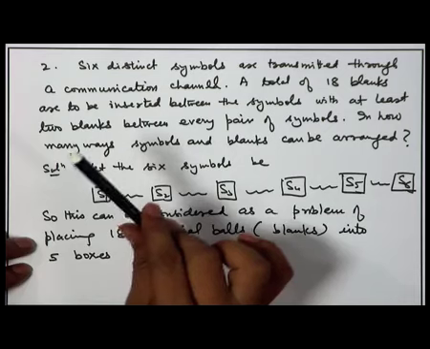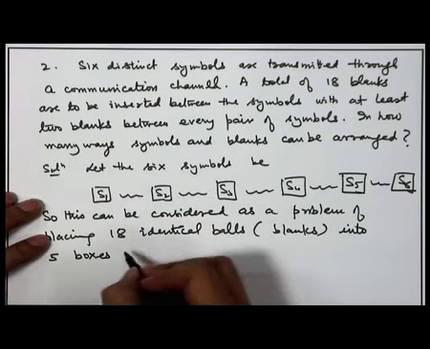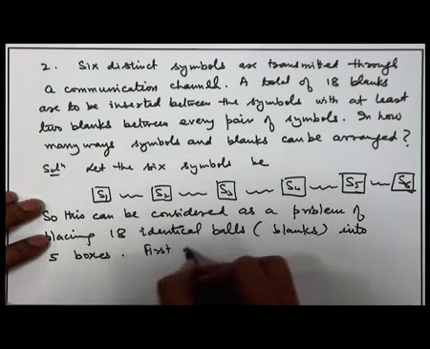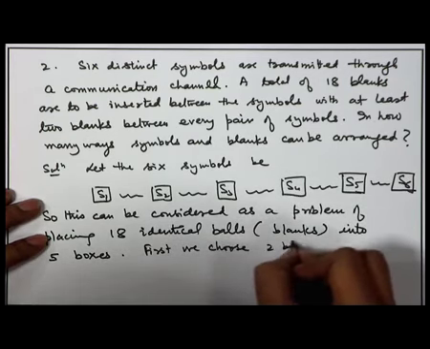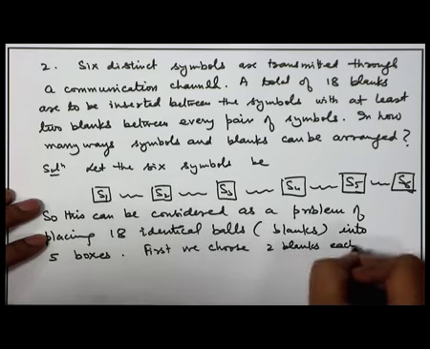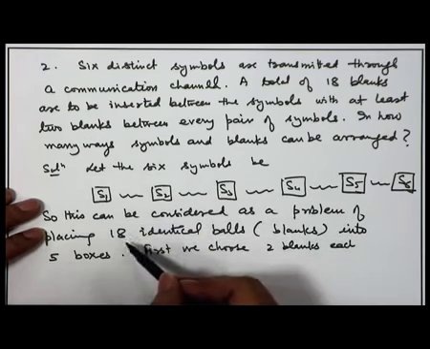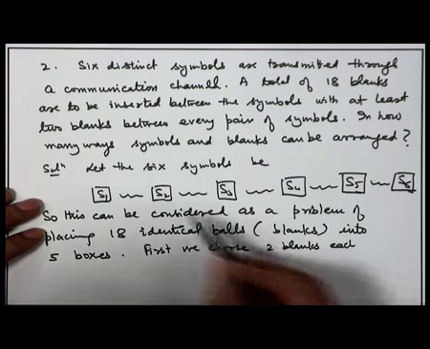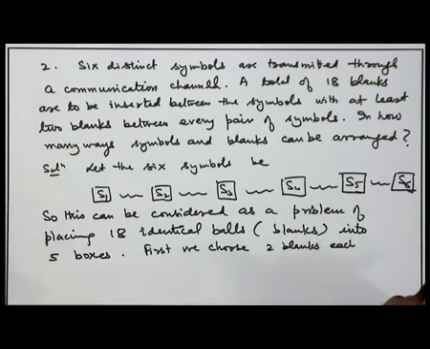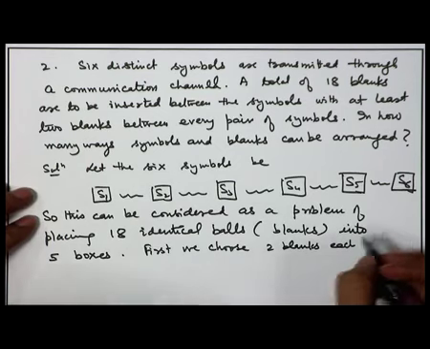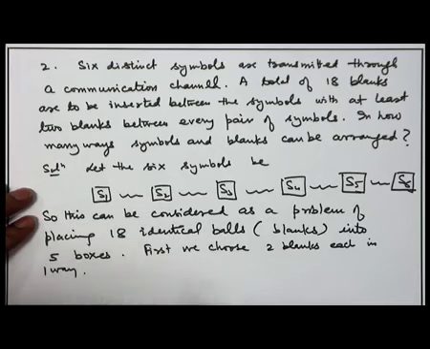So, firstly we put 2 blanks in each place, which is 10 blanks. Since all of them are identical, this choosing has no meaning, basically it means one way only. Now, remaining how many are there? 8 blanks are left out.